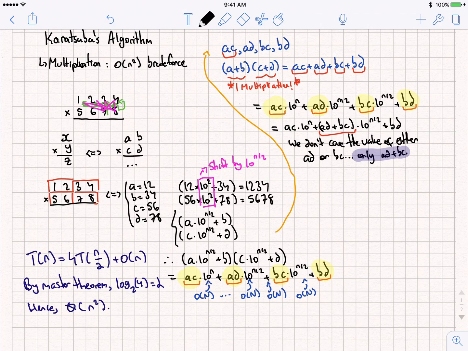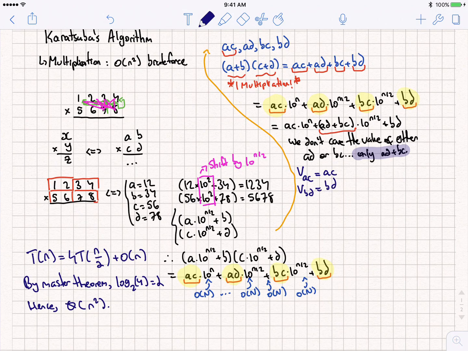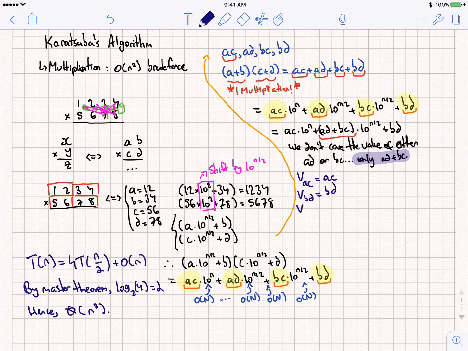We can do V of AC, which is A times C. We can do V of BD, which is B times D. And we can do V of A plus B, C plus D. And as a result, we can get V of AD plus BC simply as V of A plus B, C plus D, minus V of AC, minus V of BD.